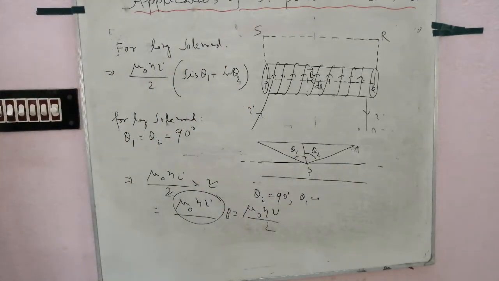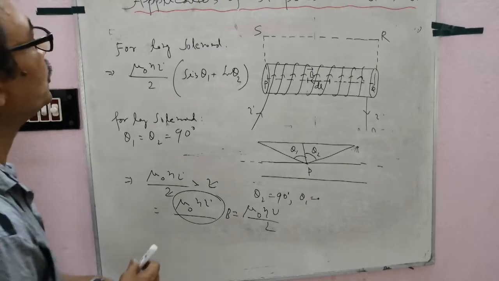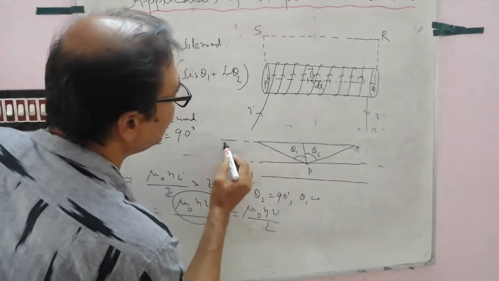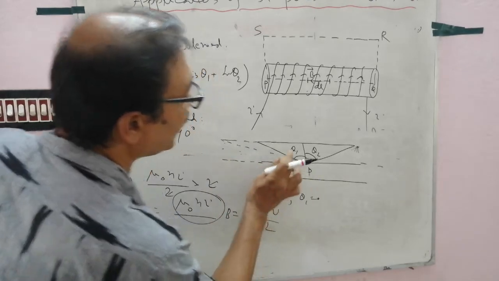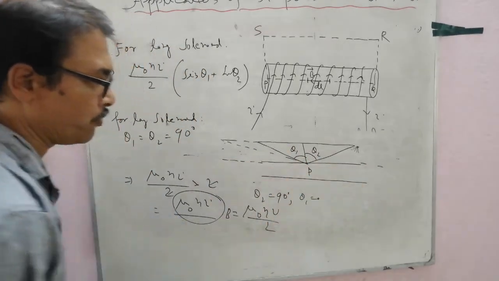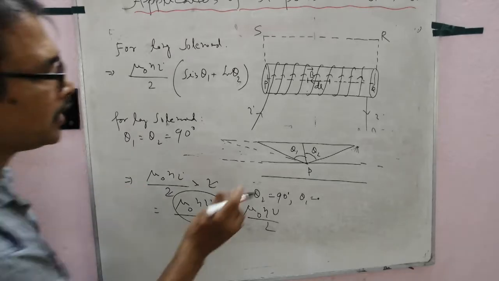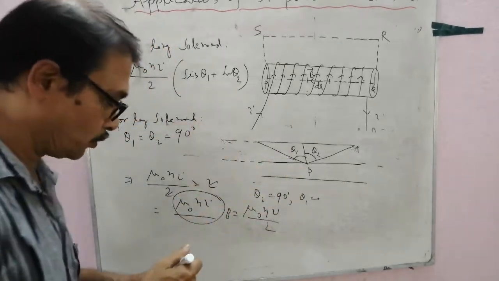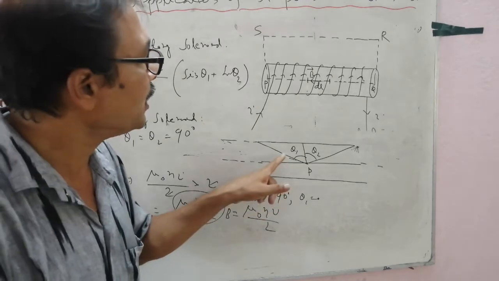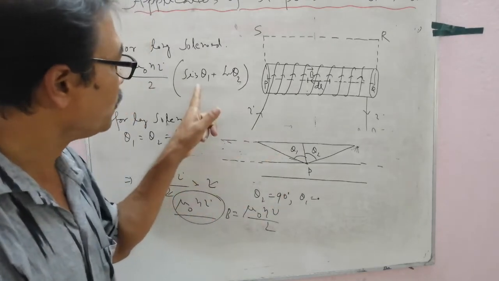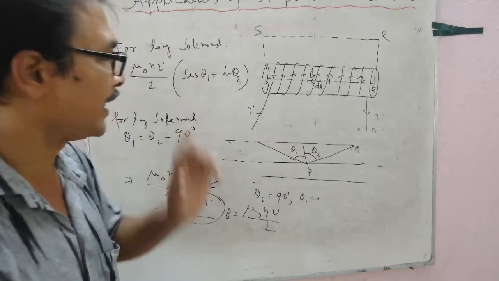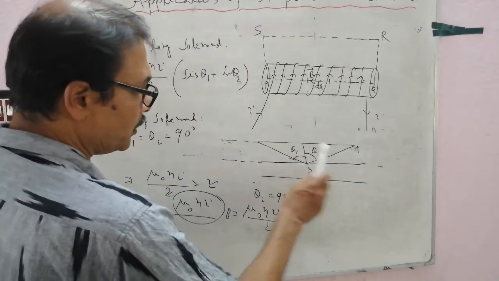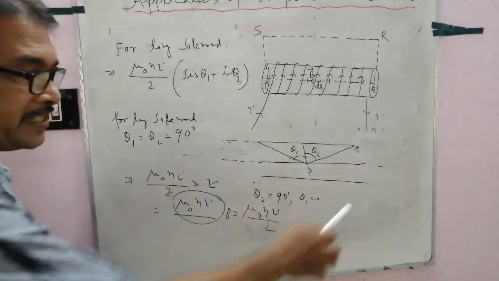So for a long solenoid, theta 1 tends to 90 degrees and theta 2 tends to 90 degrees. Clear? If you consider theta 1 here, then it is cos theta 1 and cos theta 2. But if you consider theta 1 here, then it is sin theta 1. For an infinitely long solenoid, theta 1 and theta 2 both tend to 90 degrees.